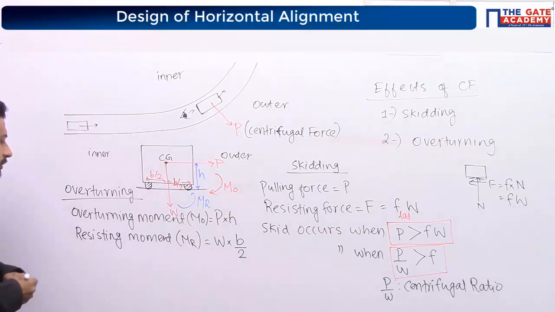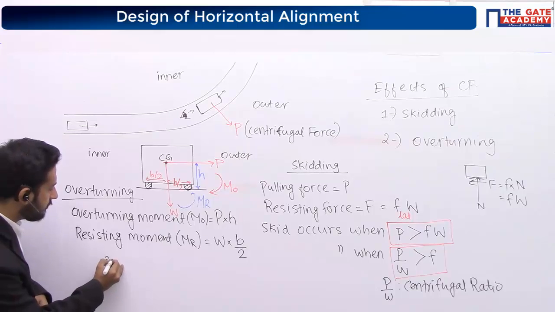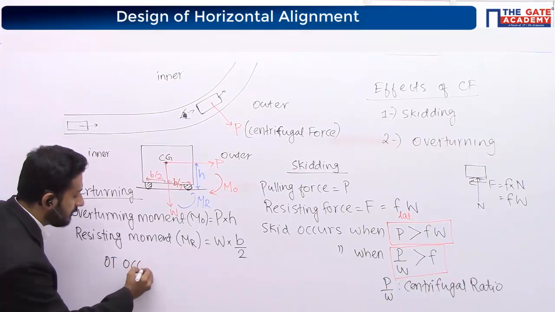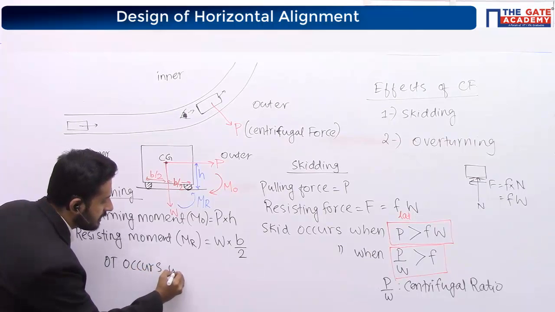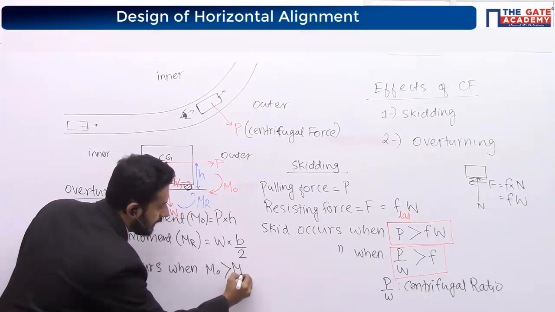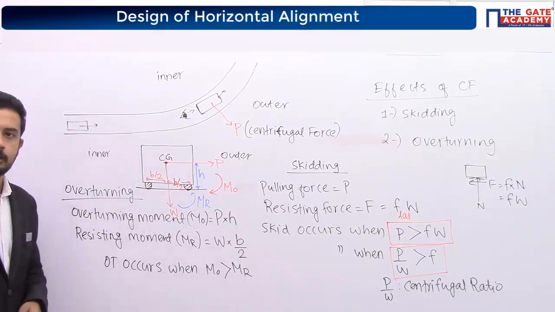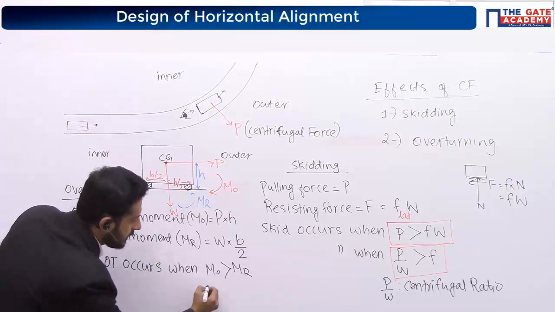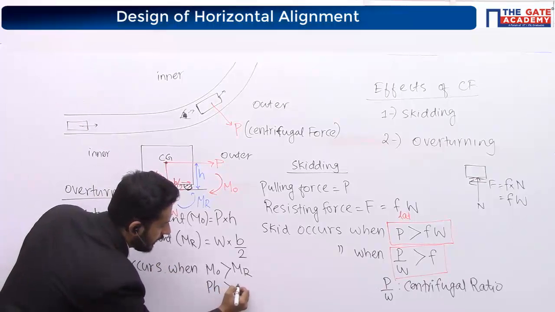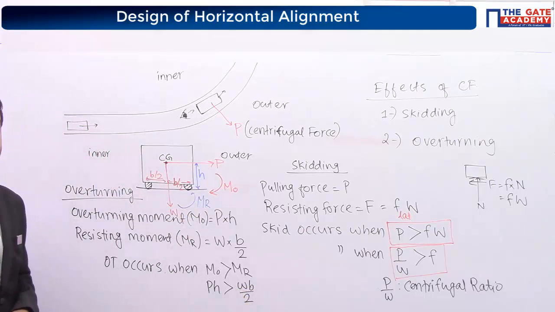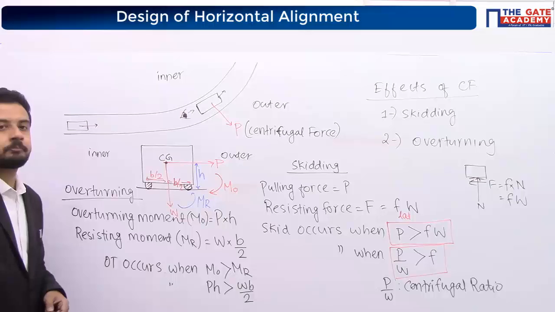Now what can I write? Overturn, I am simply writing OT, will happen or occurs when the overturning moment is greater than the resisting moment. So whenever pH is more than W into B by 2, the overturn will happen. That also you note it down.